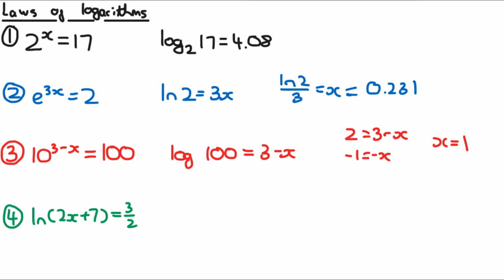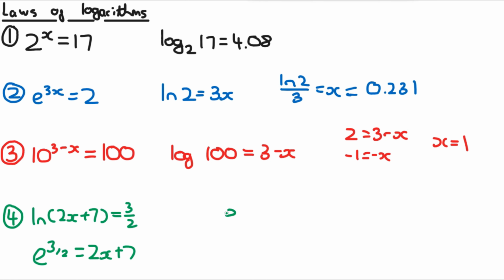And then for the final example, this is the thing we talked about where it's the opposite, where we want to convert from a log to an exponential. So remember that the natural log is actually base e, so it's going to be base e to the power of 3 over 2 is equal to 2x plus 7.